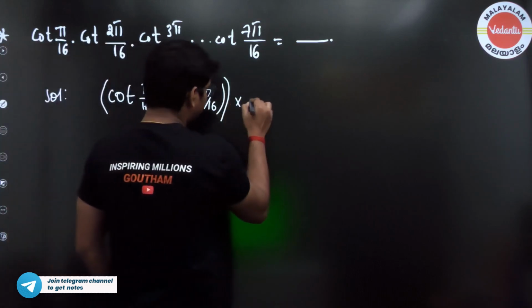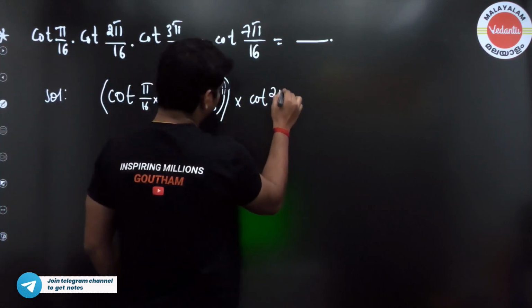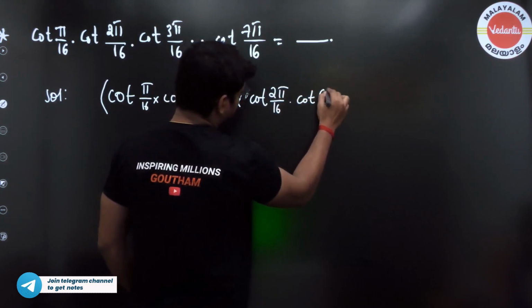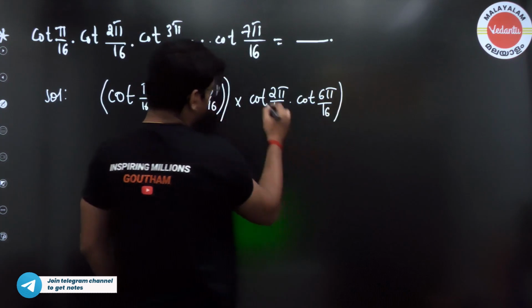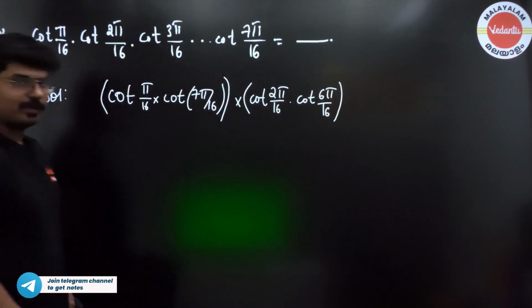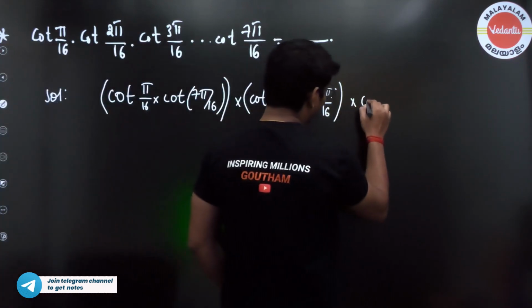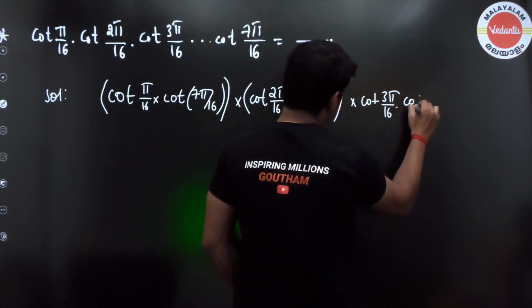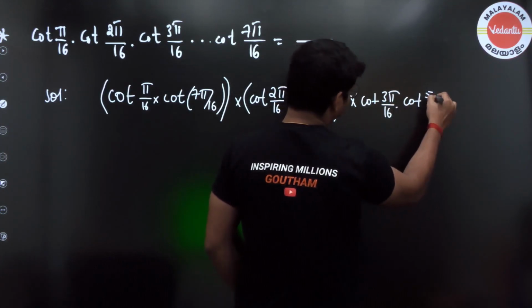Similarly, let me club cot 2 pi by 16 with cot 6 pi by 16. I hope it's clear for you. Okay. Similarly, you can club cot 3 pi by 16 with cot 5 pi by 16.